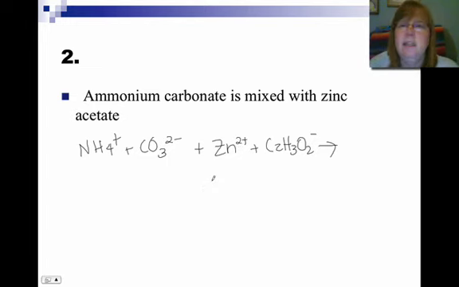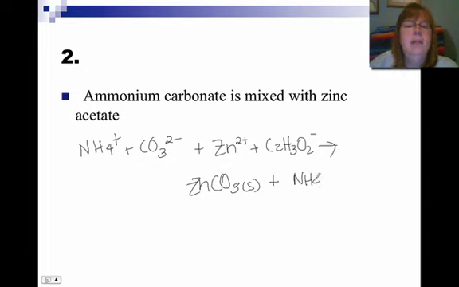It does. Most carbonates are not soluble. Now, group 1A carbonates and ammonium carbonate are soluble. Just about all the other carbonates are not. So we are going to write down the precipitate zinc carbonate, and that's our solid. Notice that the ammonium and the acetate didn't precipitate, so we're going to keep them as ions.